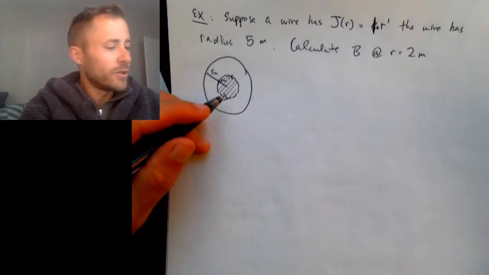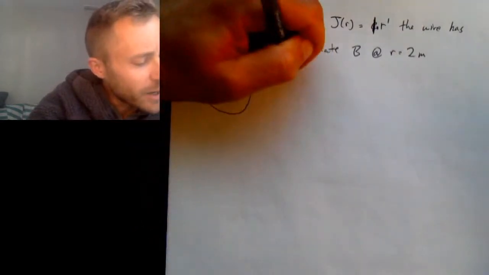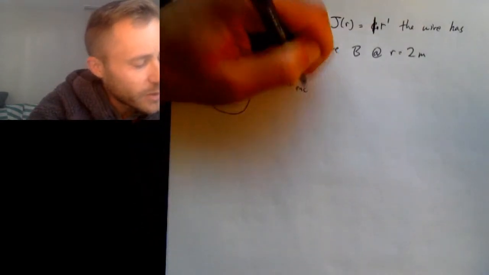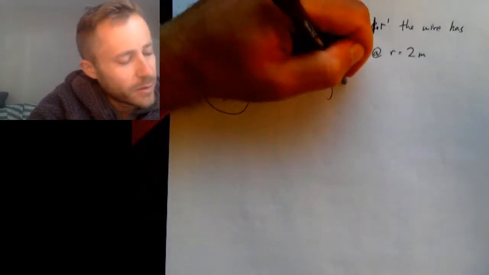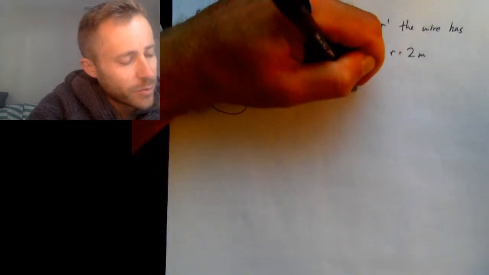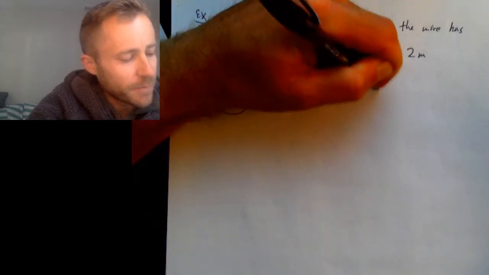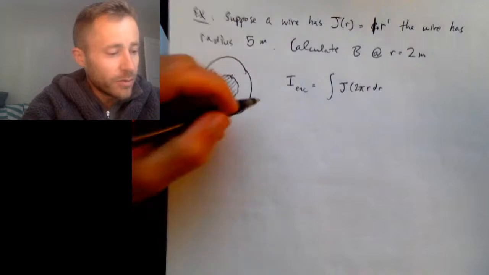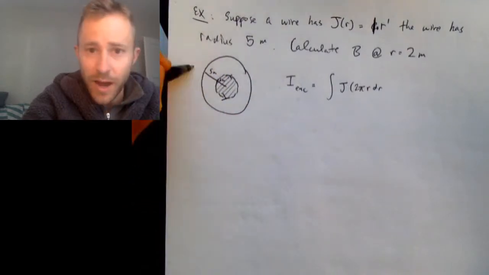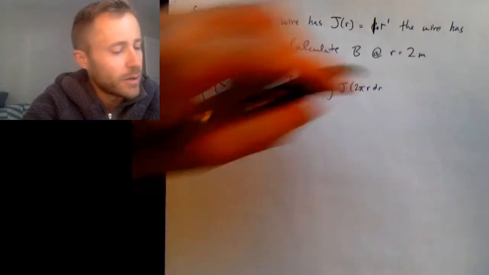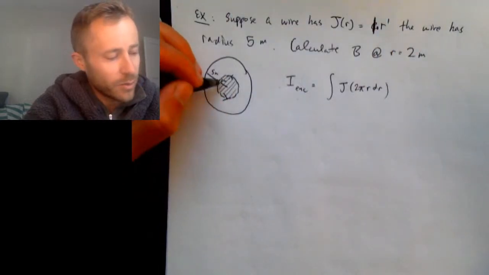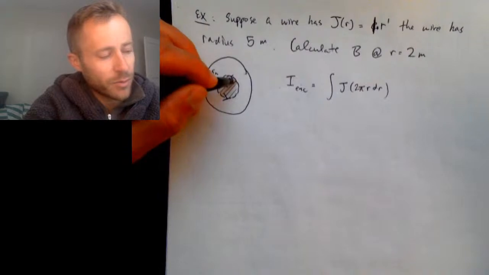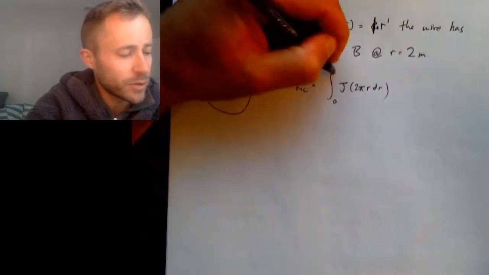So what I'm going to do to calculate the current enclosed, it's going to be the integral of J times 2 pi little r dr. And my integral is not going to go from 0 to 5, to the edge of the wire, because the Amperian loop only has a radius of 2. So I only want to add up the current out to a radius of 2. So it's going to go from 0 to 2.